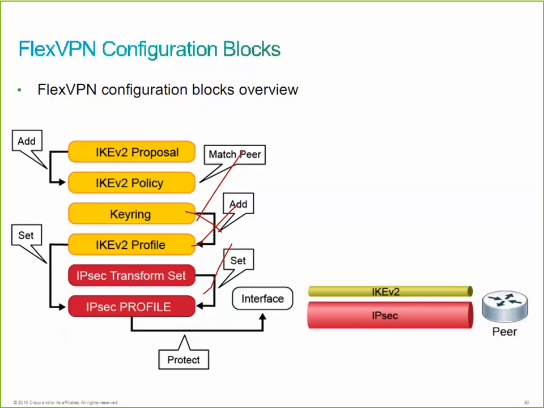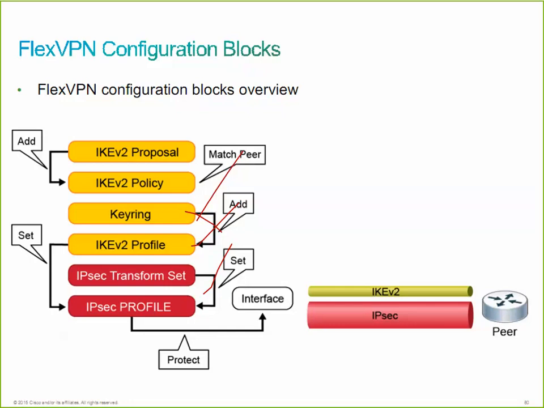All right? There is a feature, and hopefully I'll be able to show you this at some point in the future, called Smart Defaults. It's an IKE v2 feature that helps us minimize the amount of configuration that's required with FlexVPN.